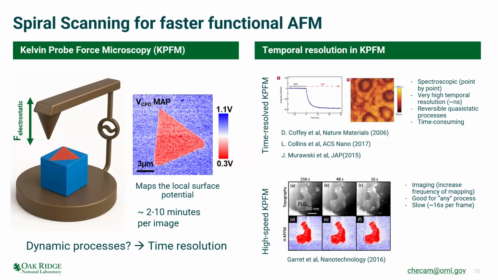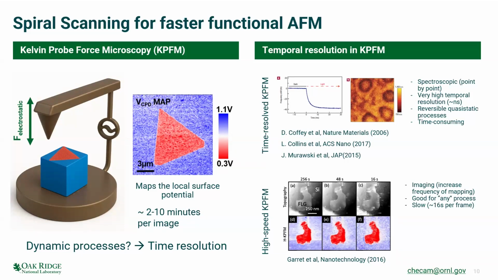The key point here is high-speed AFM has been out there for a long time, and people that do bio have, I don't know if you know this famous actin protein walking on the myosin filament video. They can do images at 50 frames per second, some crazy thing like that. They do video rate basically.